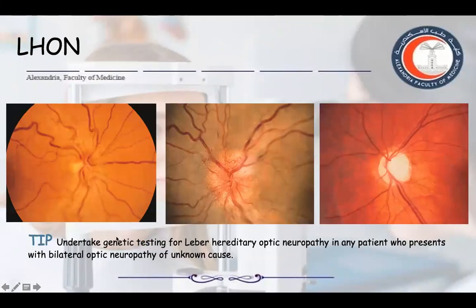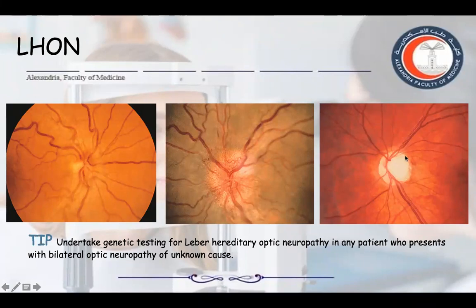Let's see together. These are the stages of Leber hereditary optic neuropathy. The first image, as we see here, is the acute stage in which there is disc edema. And later on, this is the characteristic sign I have told you about, the telangiectatic vessels, telangiectasia, and eventually optic atrophy.